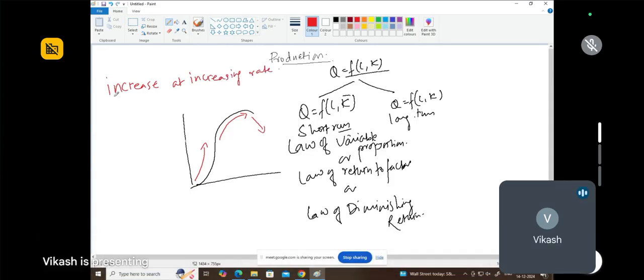Then production increases at diminishing rate. And then production doesn't increase, production gives negative return. So up to the maximum point, production goes through two journeys. The first journey is at increasing rate, and the second is at diminishing rate.